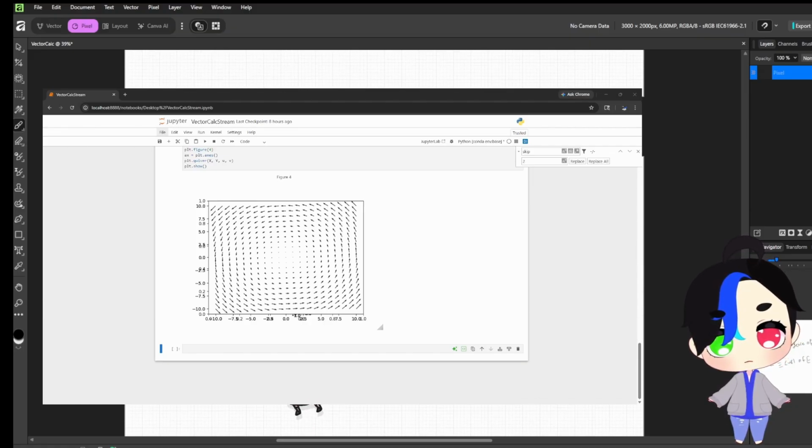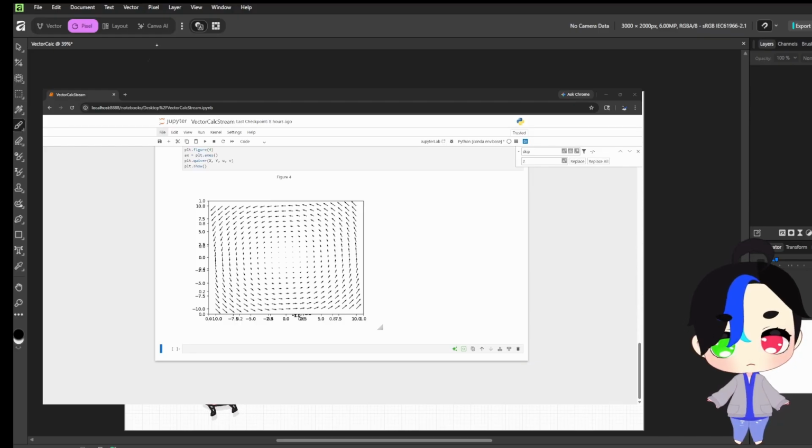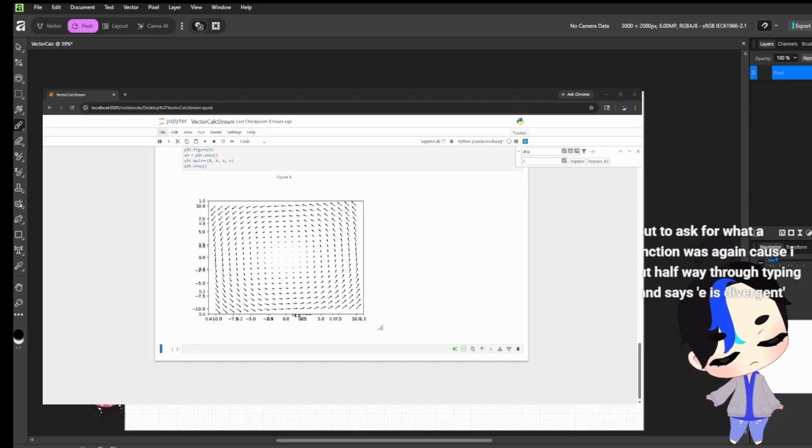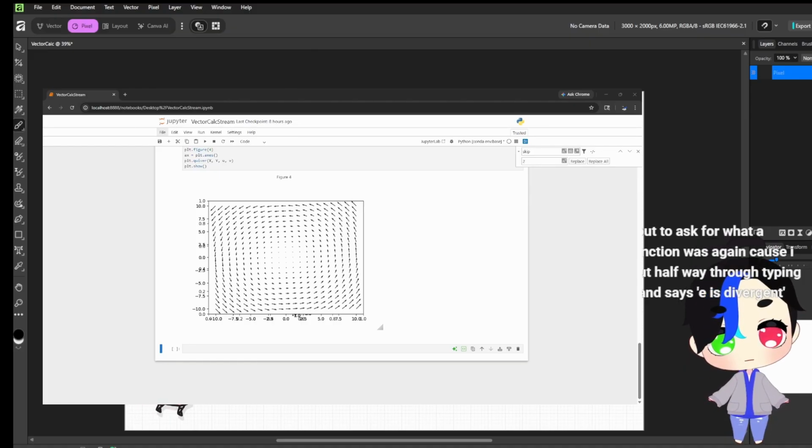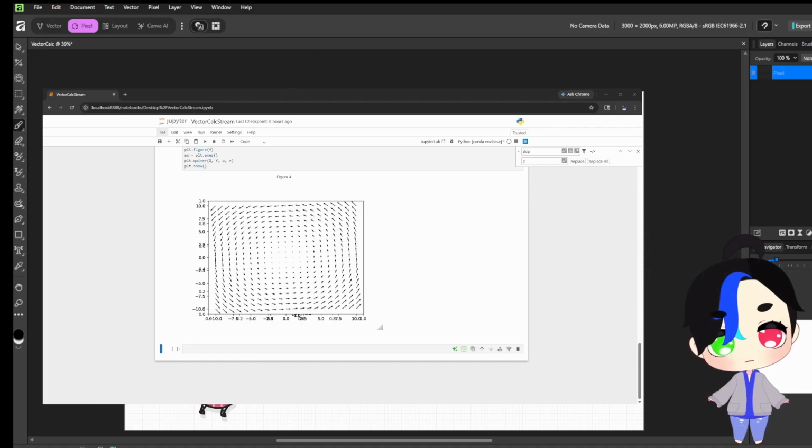A vector field is like what I have up right now.